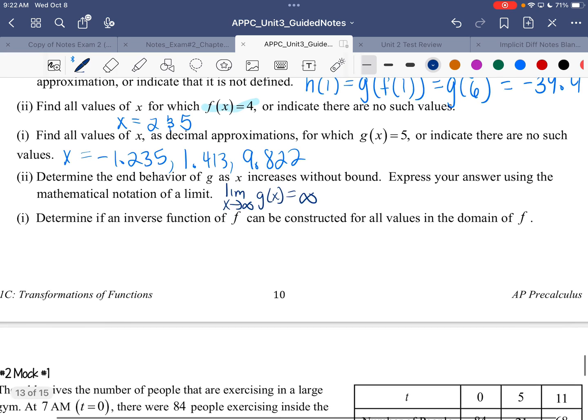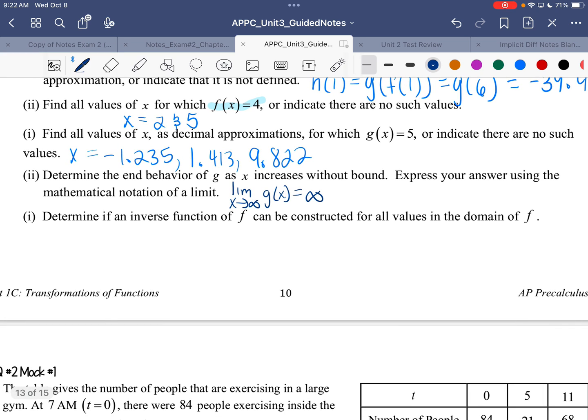Okay. Is f invertible? Yes or no? No. Why? Right.